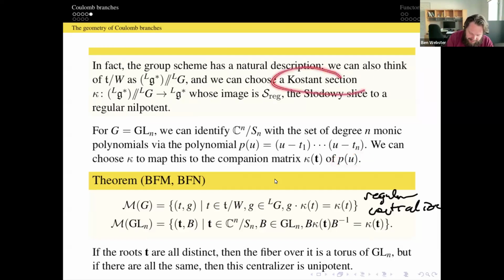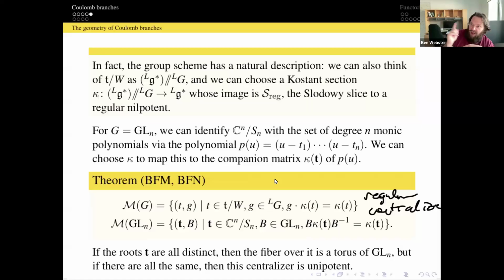So my constant section in the GLN case is just, I have an element of Cn mod Sn. I map it to the companion matrix of the polynomial with roots given by my unordered set. And so what I end up looking at is the centralizer of that matrix.